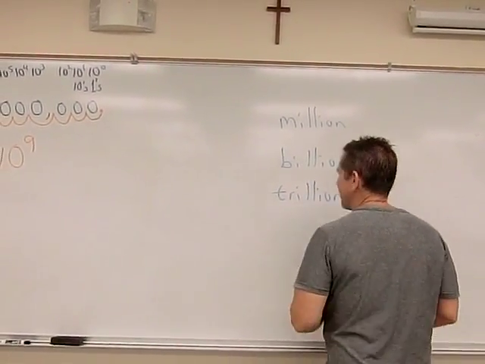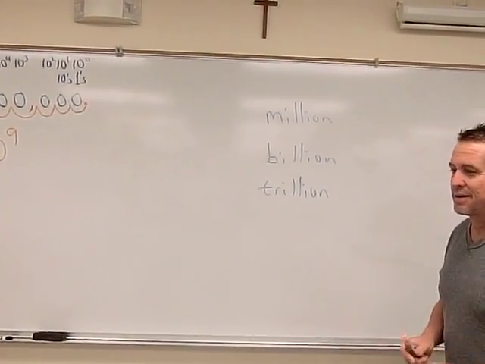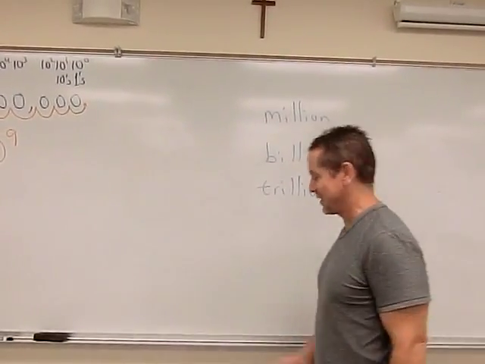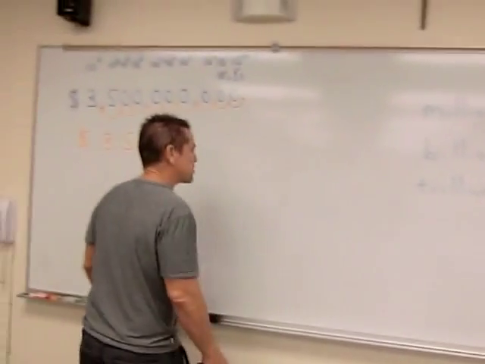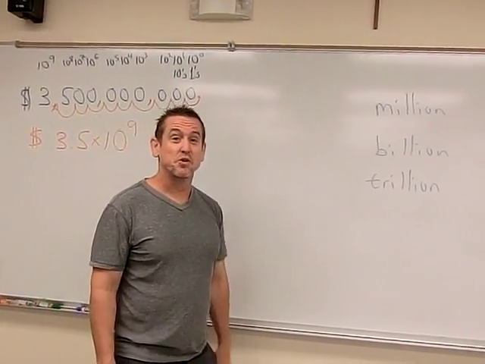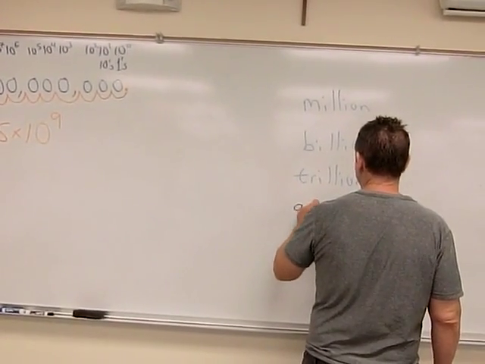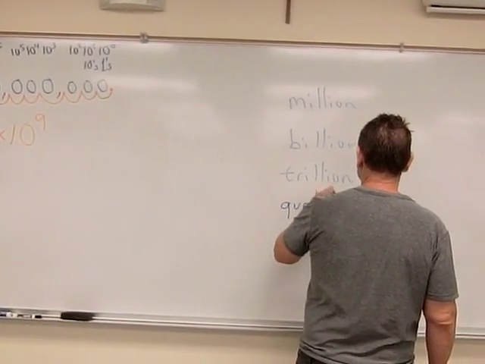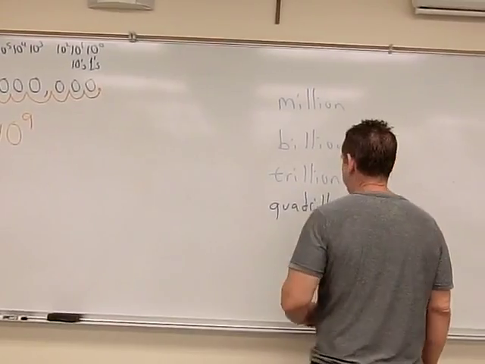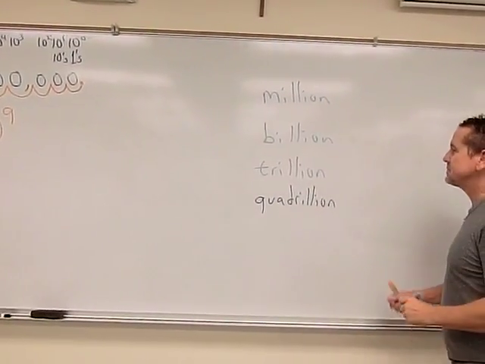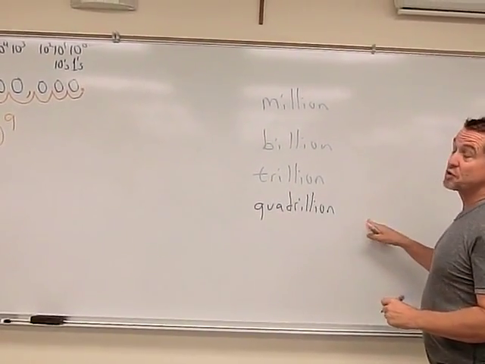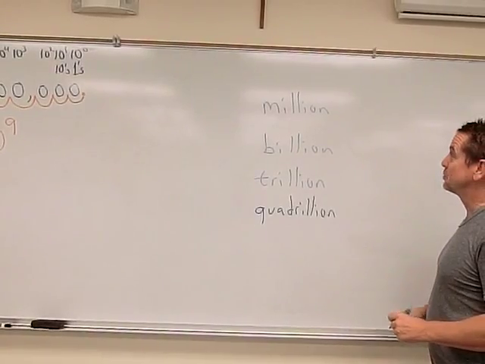Okay. The next one is quadrillion. It doesn't really show up too often. Well, we'll write it down. It doesn't show up in money, right? We don't have any quadrillionaires, I don't think. But it does show up in computers, actually, so we'll write it down.